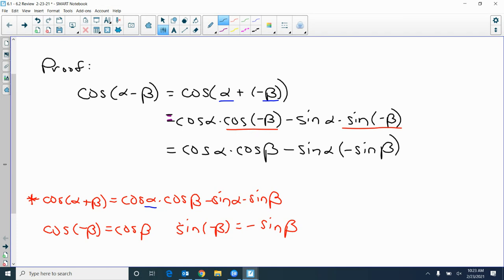And what you got there is a negative times a negative, which everyone knows becomes a positive. So that's cosine alpha times cosine beta plus sine alpha times sine beta. So that should be our final step there.